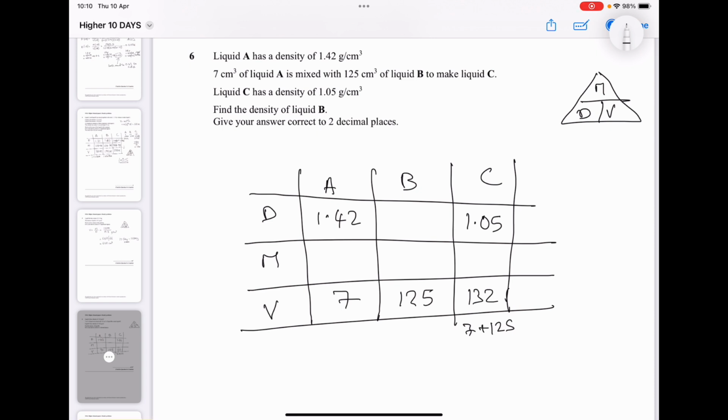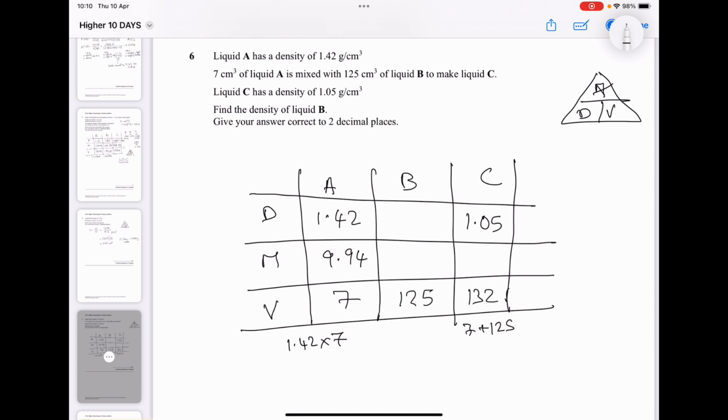Then what I've got here is mass is density times volume. So what I've got is 1.42 times by 7, equals 9.94. So that's the mass of A. B, I haven't got anything to work with.